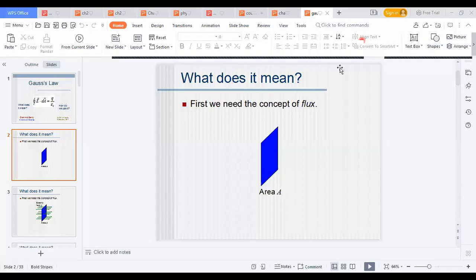So what does this actually mean? What is electric flux?